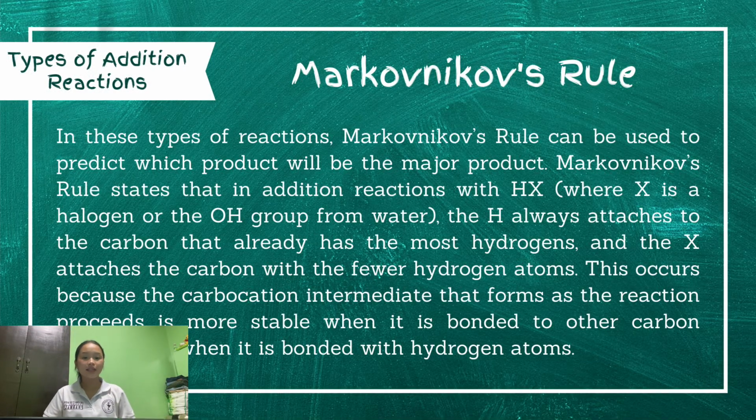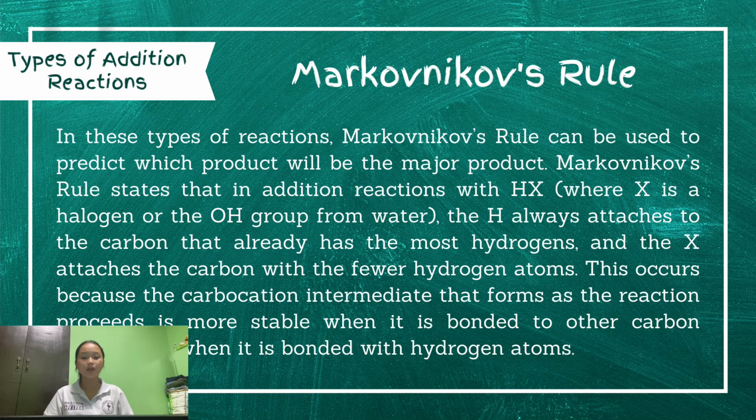Next, in these types of reactions, Markovnikov's rule can be used to predict which product will be the major product. Markovnikov's rule states that in addition reactions with HX, where X is a halogen or the OH group from water, the H always attaches to the carbon that already has the most hydrogens, and the X attaches to the carbon with fewer hydrogen atoms.